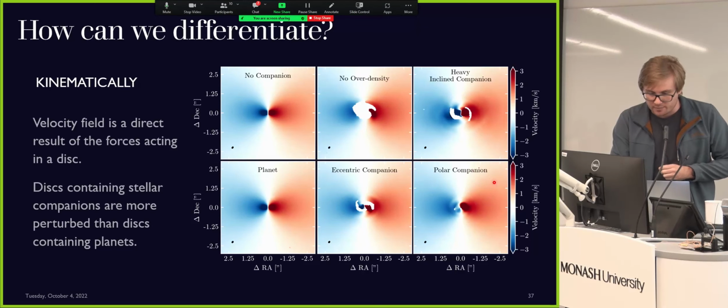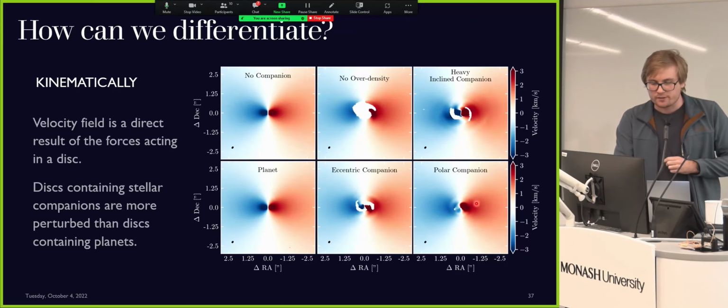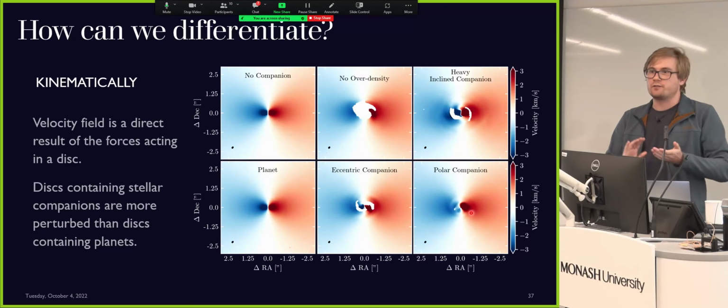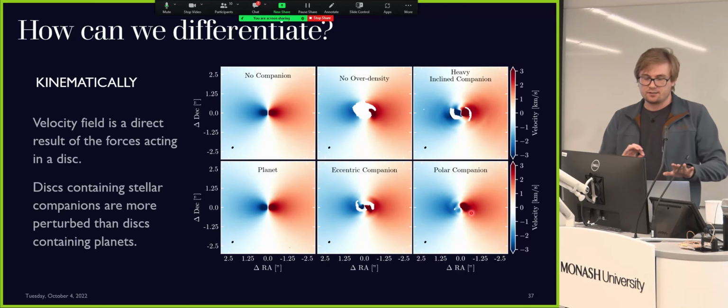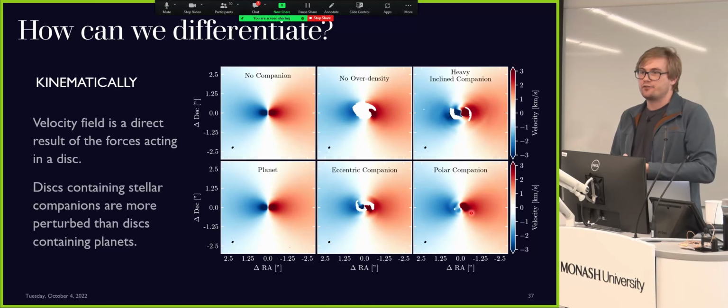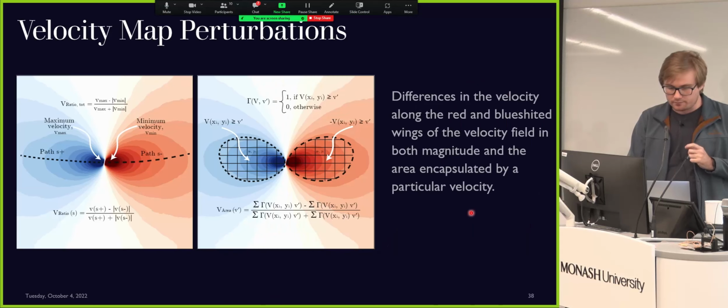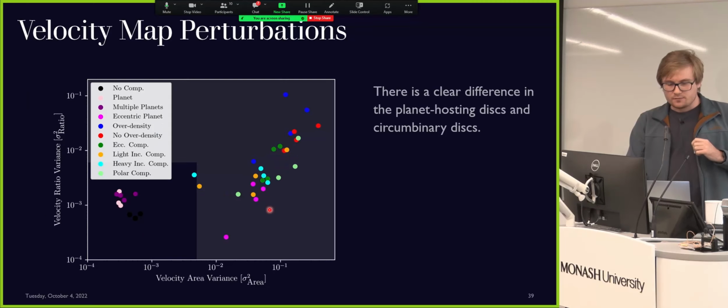So for example, here in the polar companion, this one down here, you can see that there's a lot more highly redshifted material than there is blueshifted material. So if we draw a circle around that, and then compare with how much material is moving at a similar velocity on the other side of the disk, we can use that information as well to define our ratios. So I call these a velocity ratio and a velocity area.